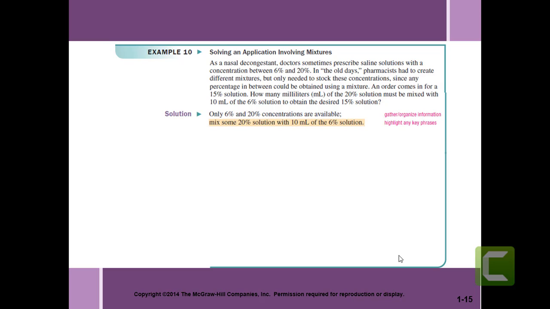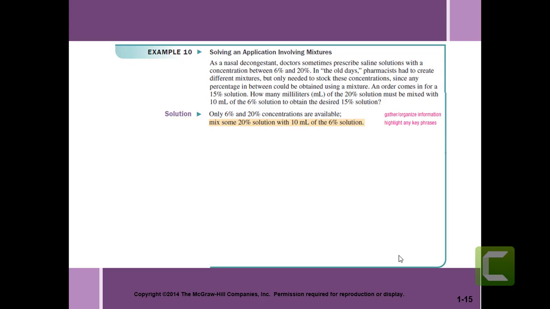So we only have 6% and 20% available. So we're going to take some of the 20% and mix it with 10 milliliters of the 6% solution. Why? Because we want to increase the concentration of the 6%.